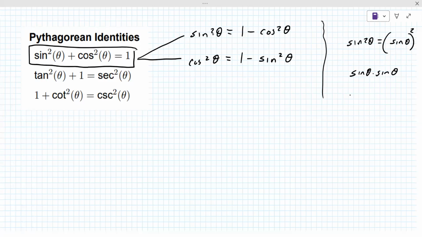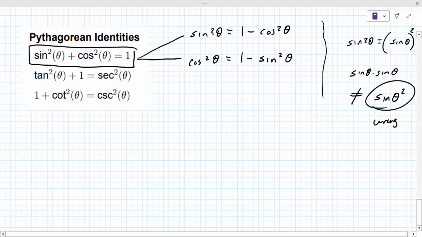But here is what's wrong. You cannot write sine theta squared. This is wrong. Why? Because it implies that you're squaring the theta before you take the sine of it. So that's why it's recommended strongly to put it there.